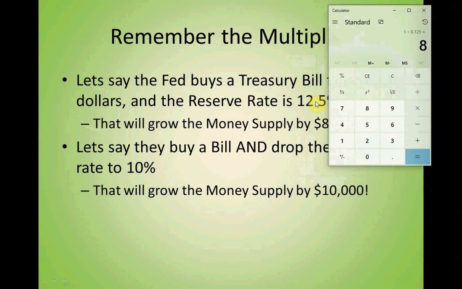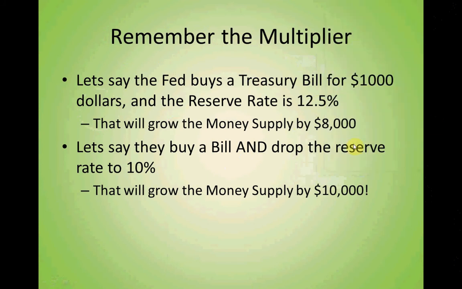Another way you can run this calculation is we can say, well, $1,000 divided by 0.125, and that should give us $8,000. So the money multiplier itself was 8, which you then multiply by 1,000. If you want to put 1,000 over that, that will also work. So anyways, that means that the money supply will grow by $8,000.